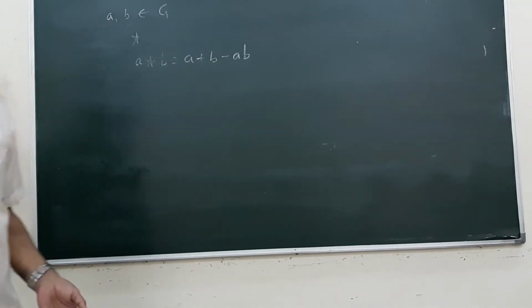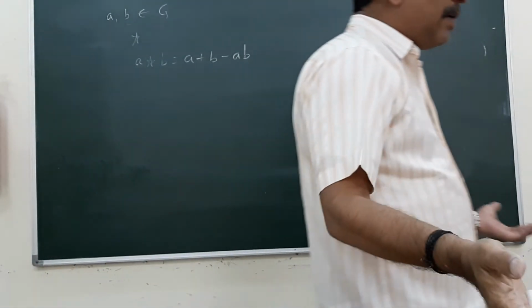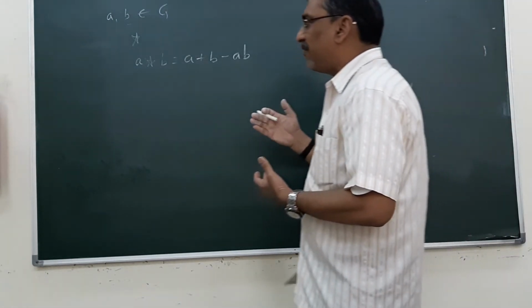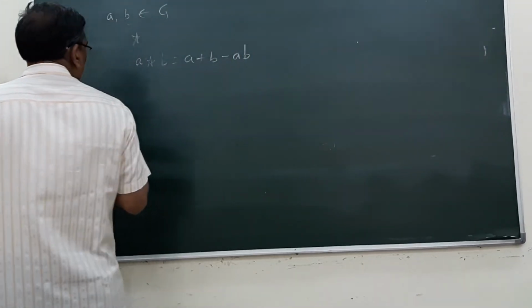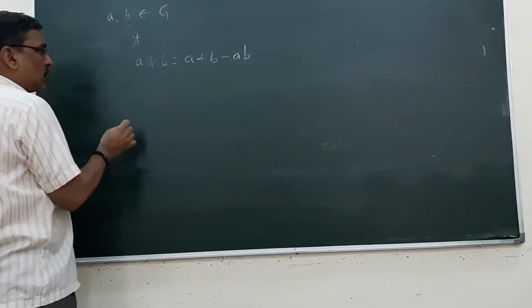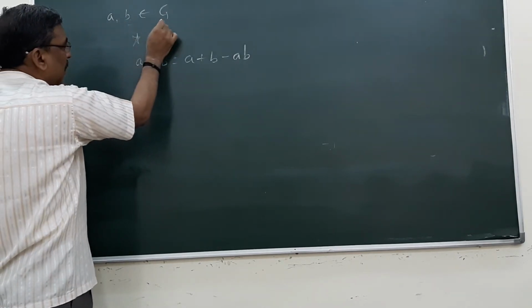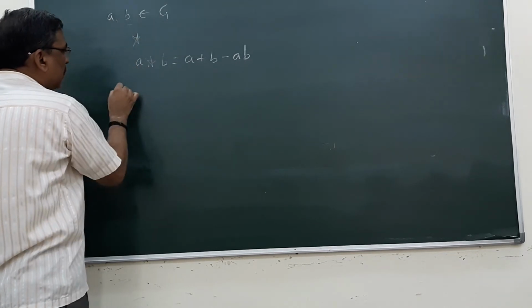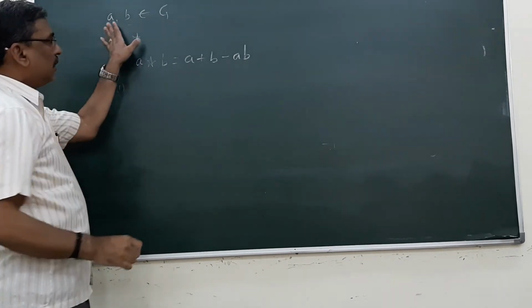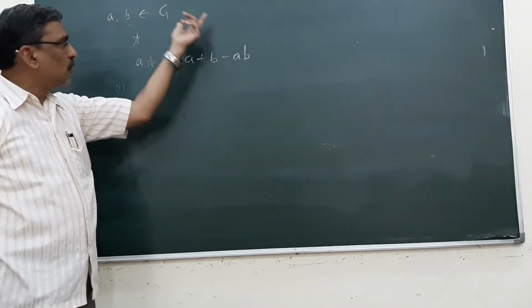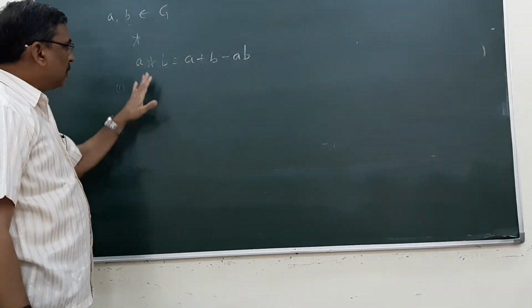In such cases, we have to prove each and every property of the group by using basic definitions. So one by one we have to prove the basic properties of the group. Say closure: A and B belong to this set G with this operation.